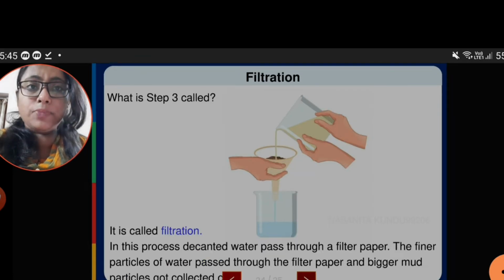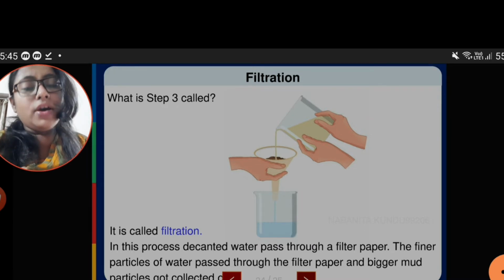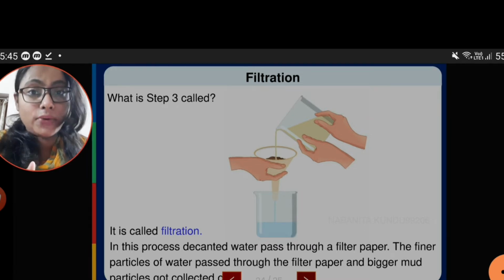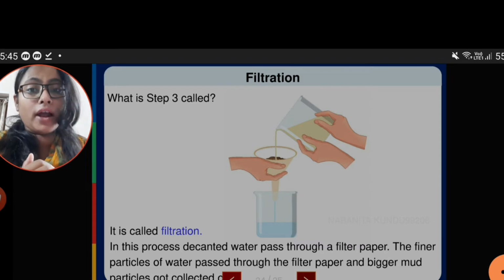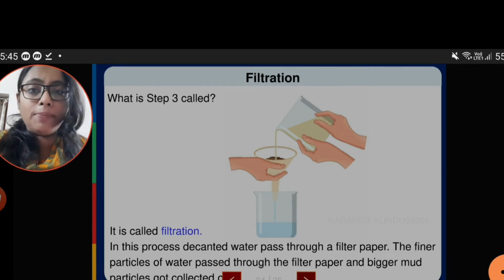So students, the next process is filtration. That means the water I have collected is still not clear water. Somehow the mud particles are still there, in a mixed condition. So what we will do, first we will take a piece of filter paper, and with the help of the filter paper we will separate the extra mud particles which are still present in the water.